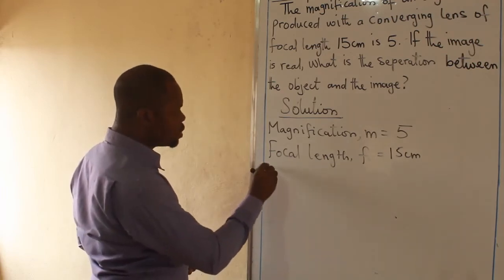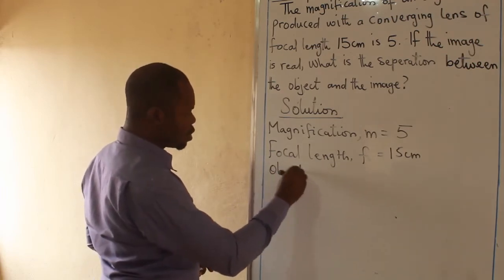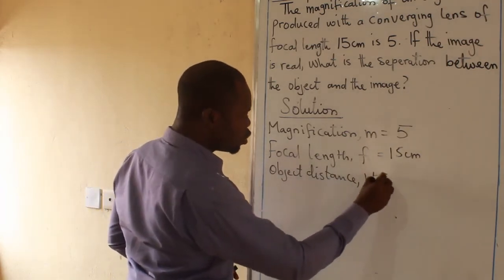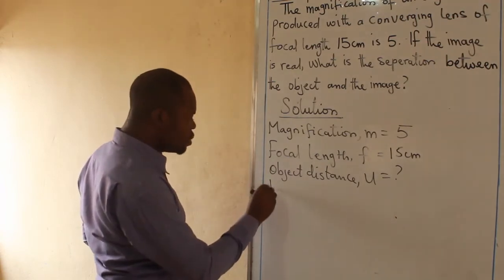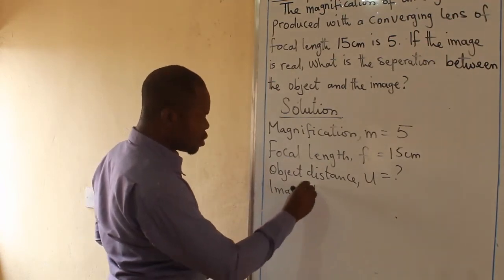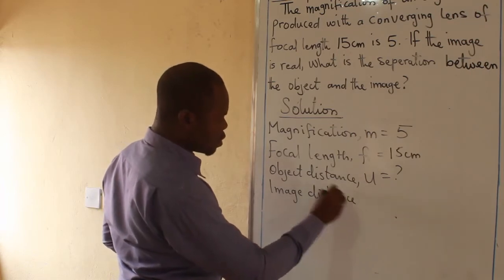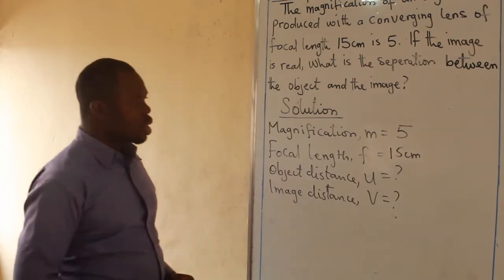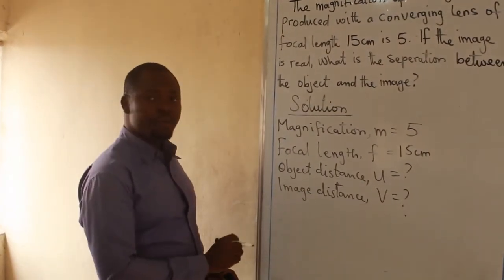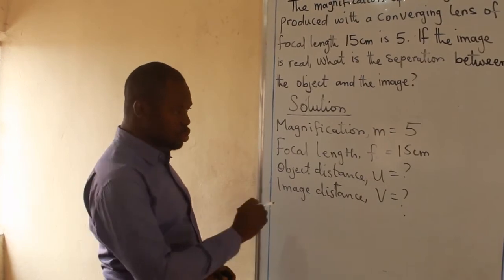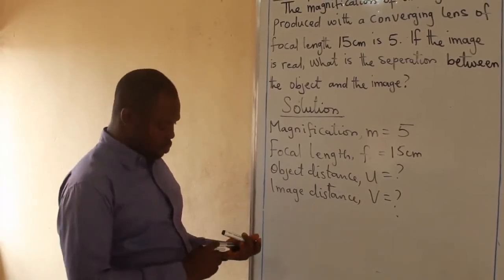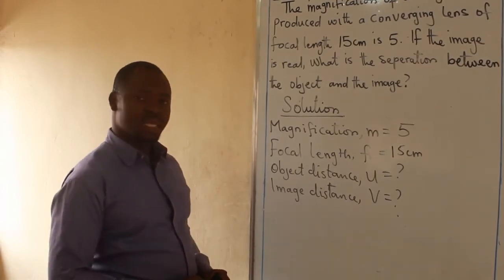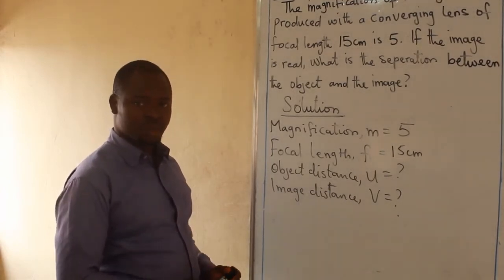The object distance, let it be U, we're not given that. The image distance V, we're not given as well. So you now need to think of the right formula to use so that you can find the image distance, after which you also find the object distance, and then you can get the separation between them.